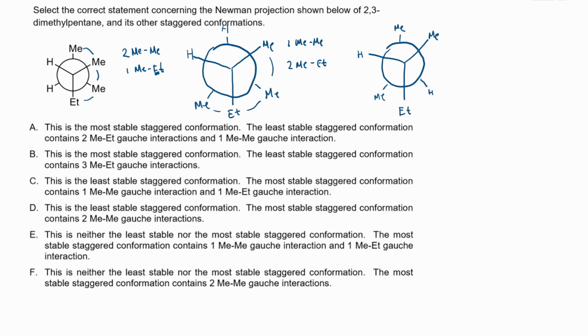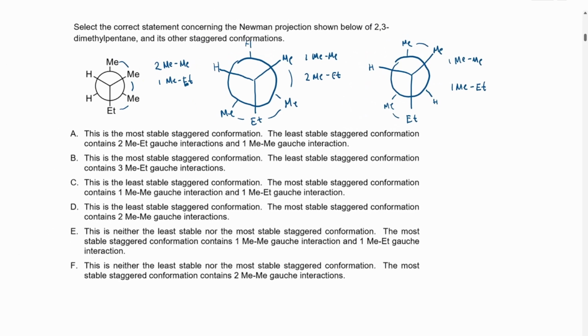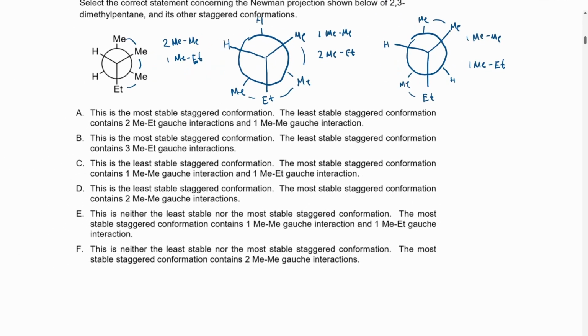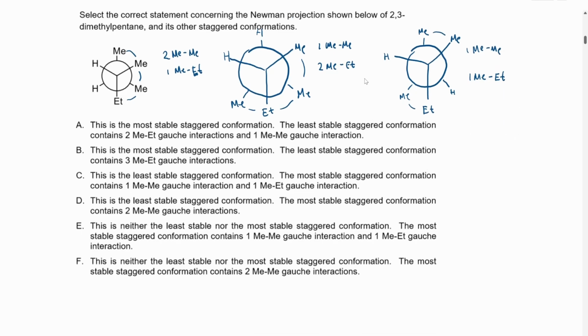Alright. 1 methyl-methyl. 1 methyl-ethyl. 1 Me, Me, and 1 Me, Et. So this one over here is going to be our most stable conformation because it has the least interactions with each other, and this one's going to be our least stable.